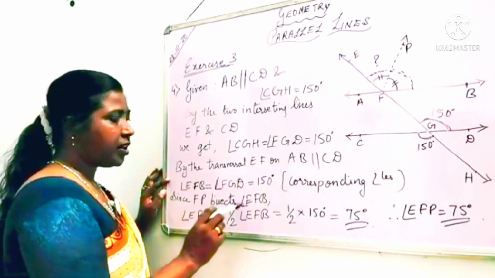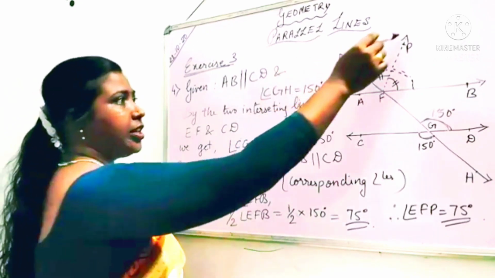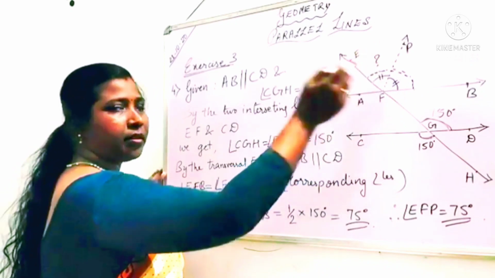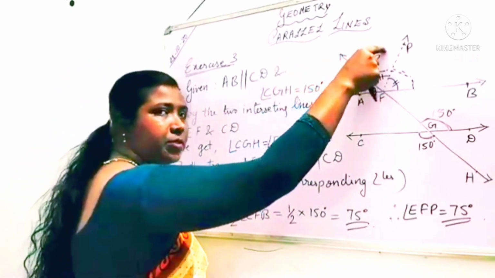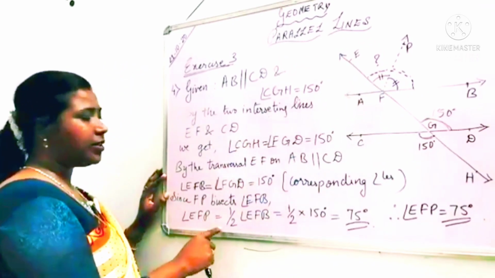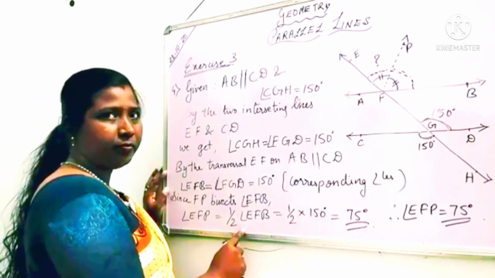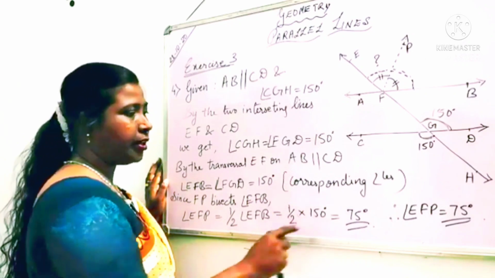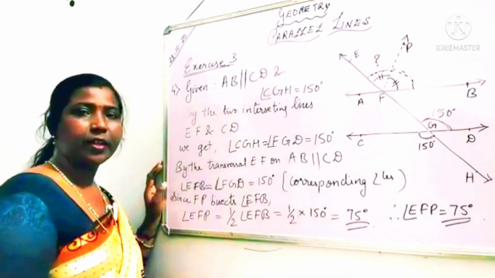Since FP bisects EFB, FP is bisecting this angle. If you want to find only this part, we can write EFP is equal to half of EFB, which is half into 150 degrees, that is 75 degrees. Is that clear students?